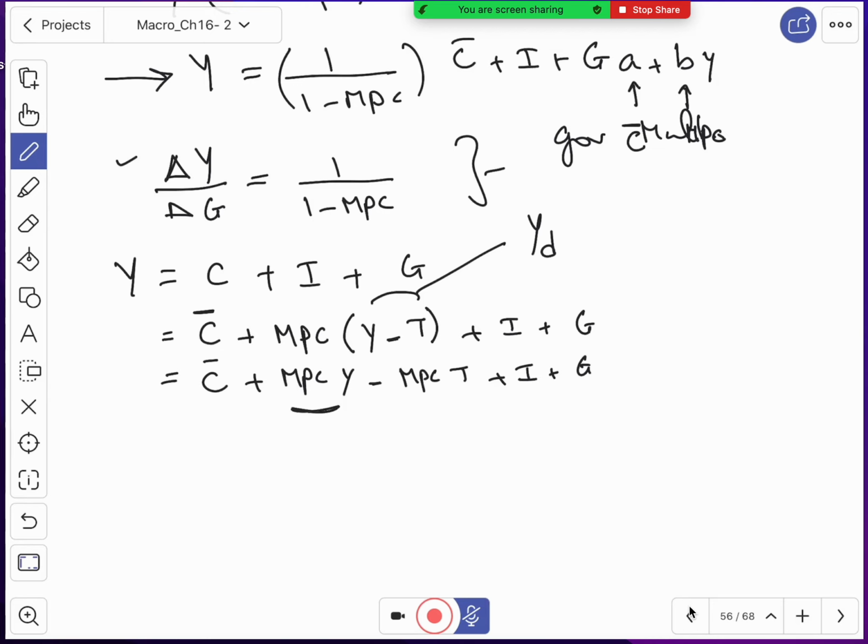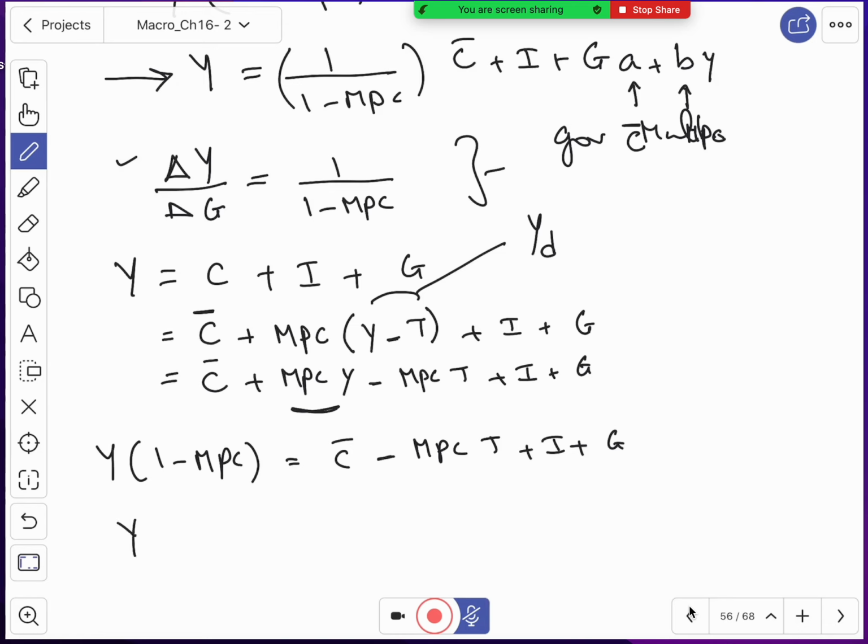So it's going to be Y times 1 minus MPC, and we're left with C bar minus MPC times T plus I plus G. We can write it in a nicer way by combining anything that has MPC in one term.